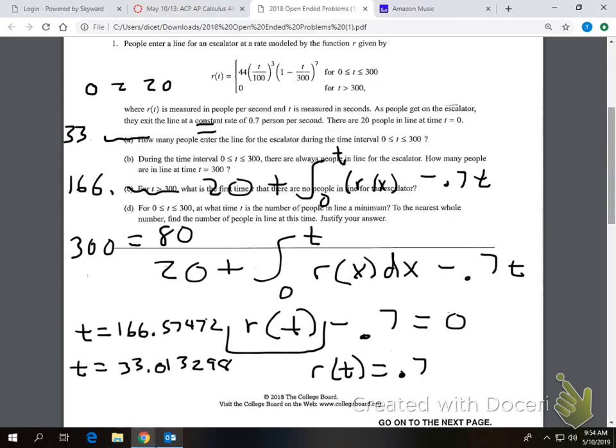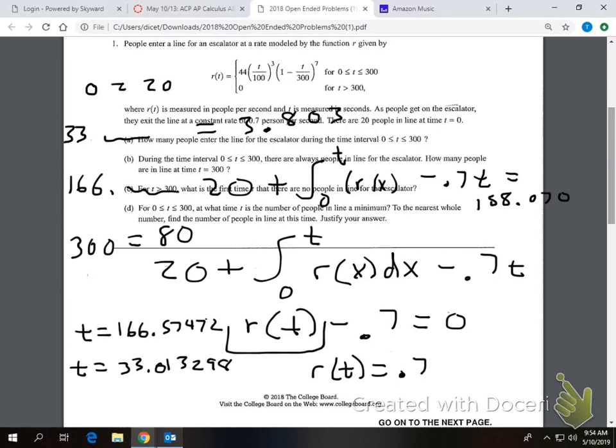When you plug in the 33 seconds, you're going to end up with 3.803 people. I know around the nearest whole number. And when you plug in that 166, you're going to get 158.070.